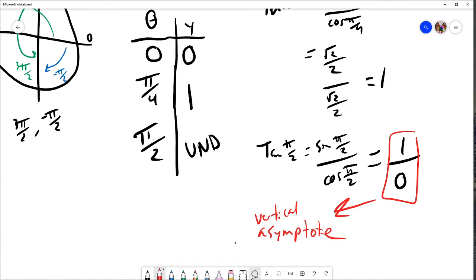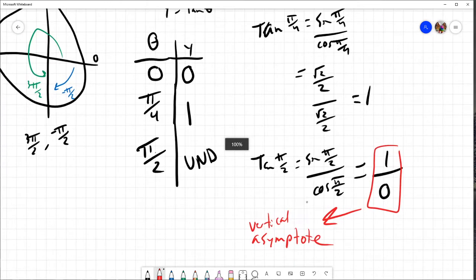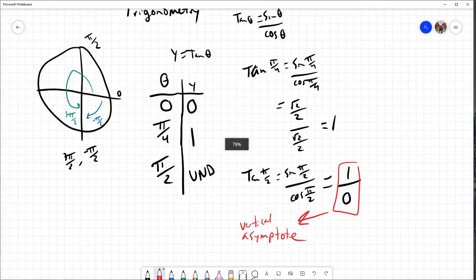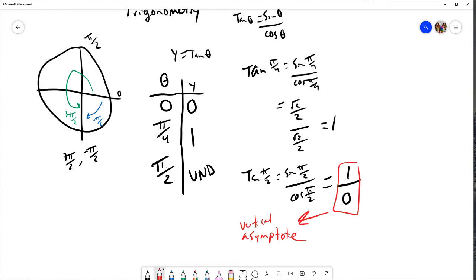So let's back up a moment. We saw that when cosine was 0, it causes a problem because we cannot divide by 0. So we need to figure out, when does this denominator equal 0? Well, another situation is if we go to 3 pi over 2, because this x coordinate is 0, or negative pi over 2.